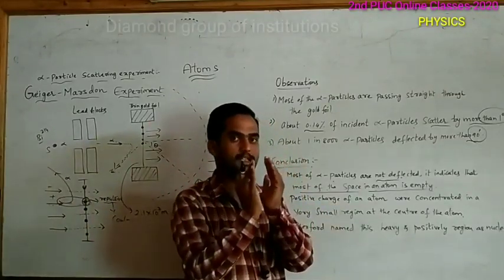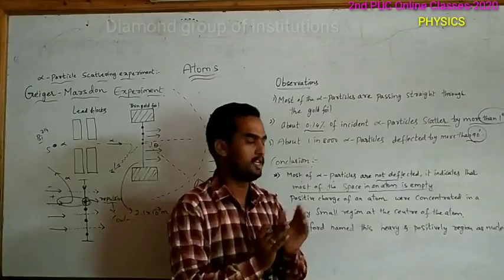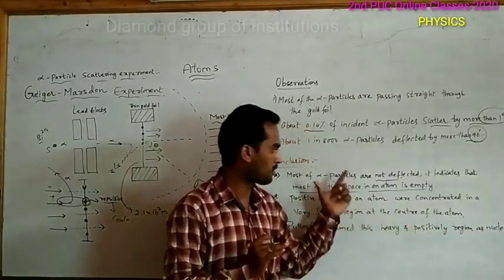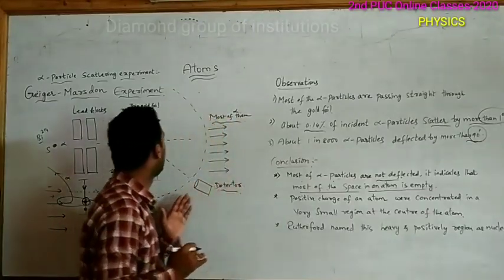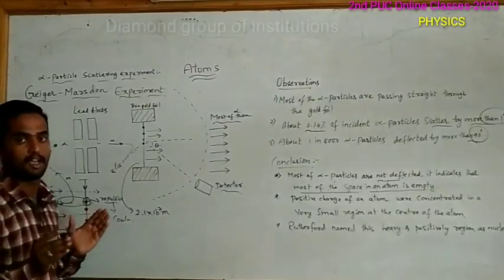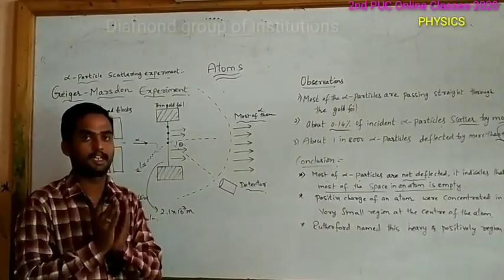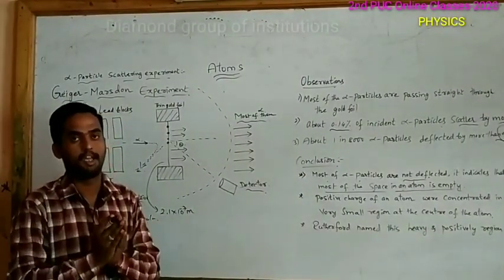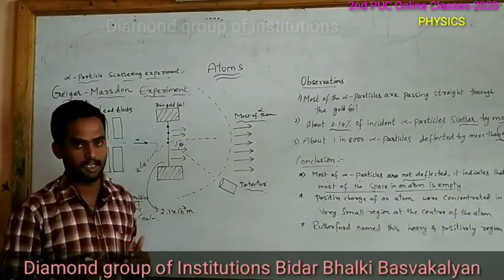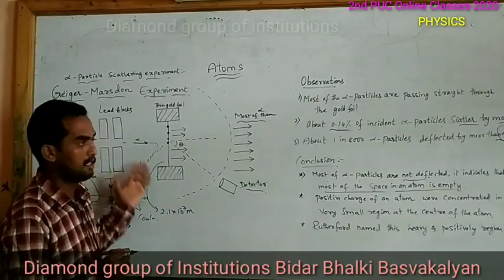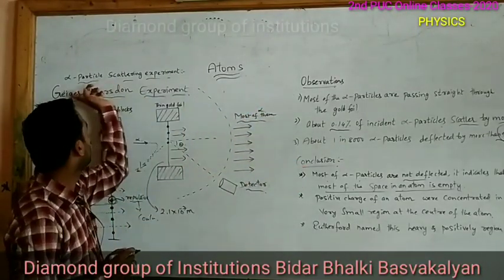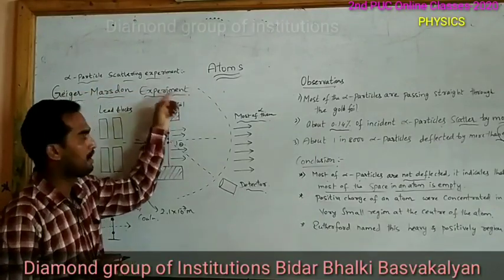It is present exactly at the center of an atom. That center is called what? Nucleus. So based on the experiment, we must know that the atom consists of positive charge exactly at the center, whereas the negative charge is present outside the nucleus.